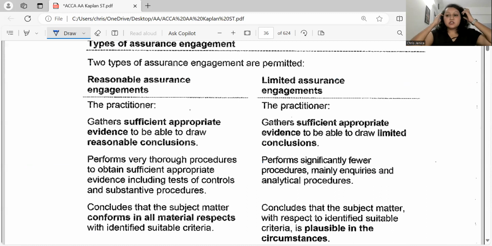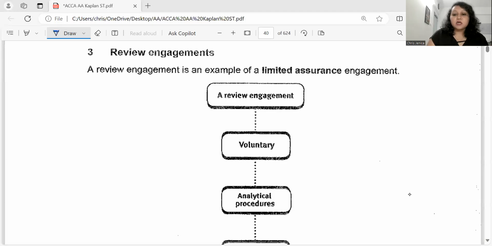See, when assurance engagement is concerned, there are two types of assurance engagement. First one is reasonable assurance engagement, and second one is limited assurance engagement. For example, for going with the reasonable assurance and the limited assurance engagement, I'll first discuss the review engagement part of chapter 1. Okay.